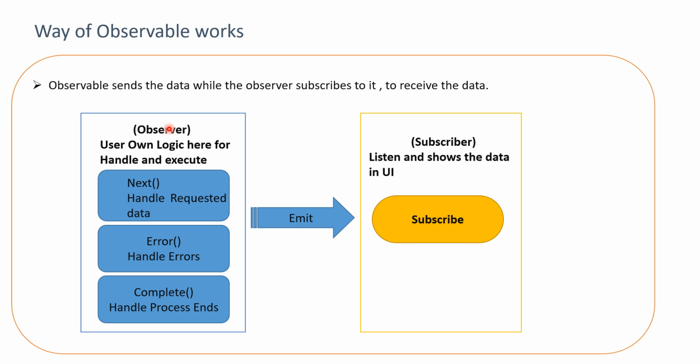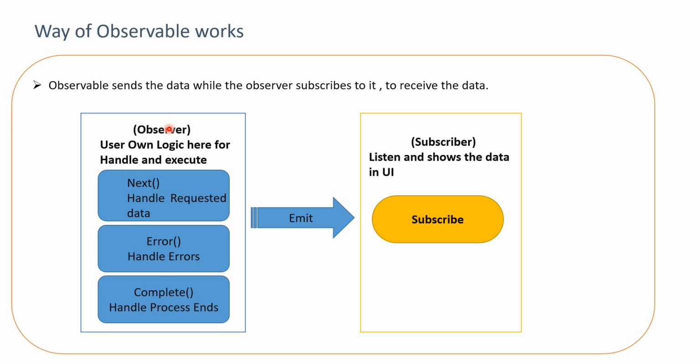The observer takes the task and sends the response to the subscriber. Whenever it handles the task, the observer may give the correct response to the subscriber with or without an error, and it may give some portion of the data to the subscriber.